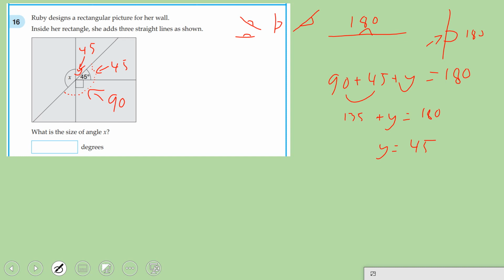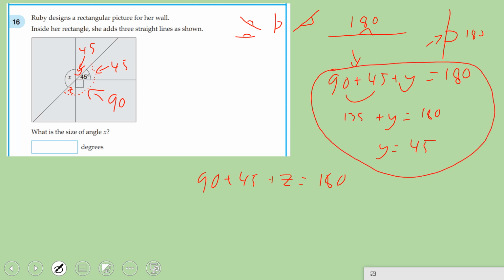We've already got a 45 and a 90, just like we do there. We'll call this one Z, with a little line there. 90 plus 45 plus Z equals 180. It's going to be the exact same calculations as over here. So Z will equal 45.